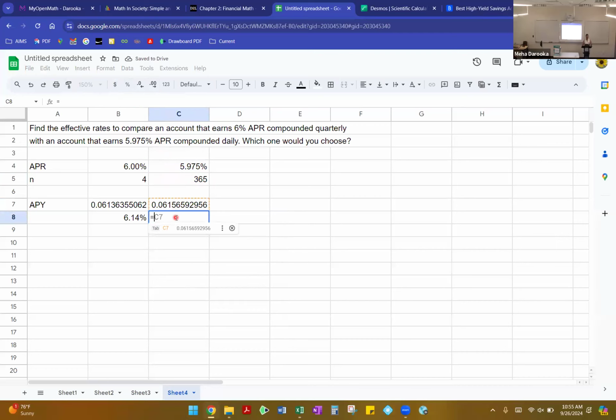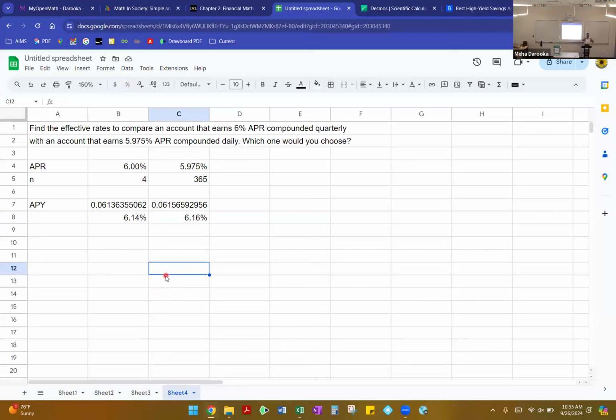I'd like us to see more decimals. It's not a life-changing difference, but it is higher. Even by 0.02, it is still higher than the 6% compounded quarterly.